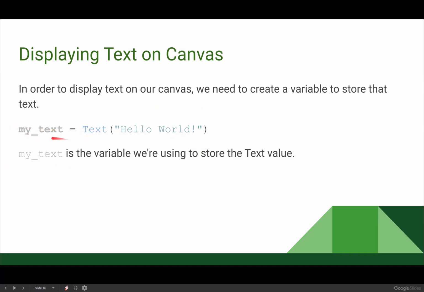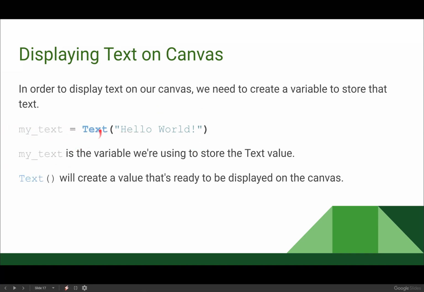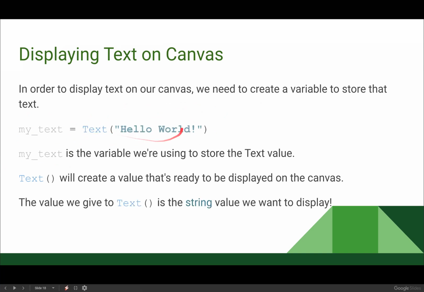So myText is the name of my variable. I'm using Text with those parentheses, the text function. This is going to create a value that is ready to display on our canvas. And then the value we give to our text is the string value that we want to actually display.